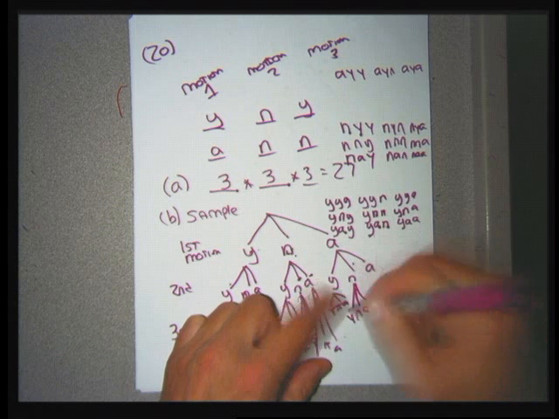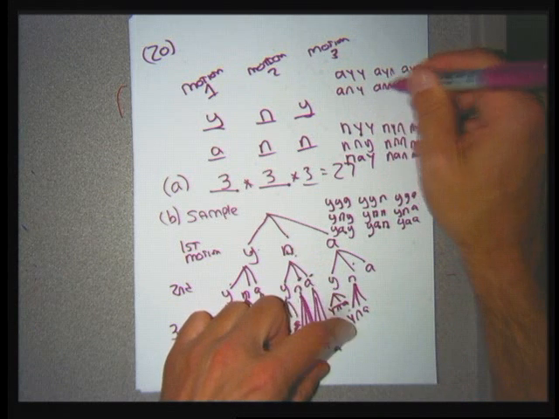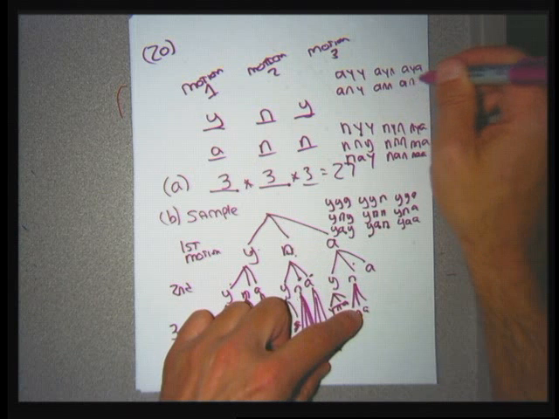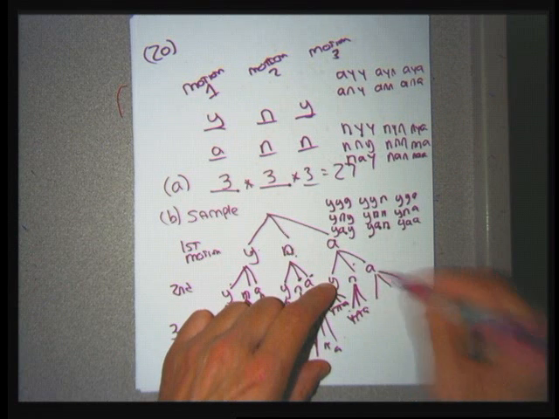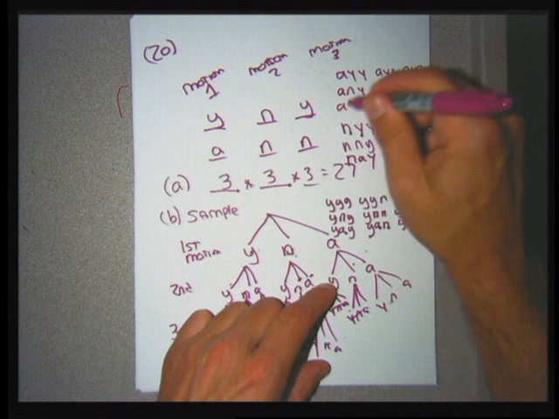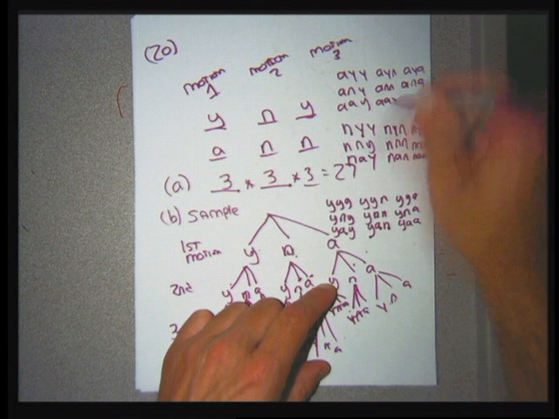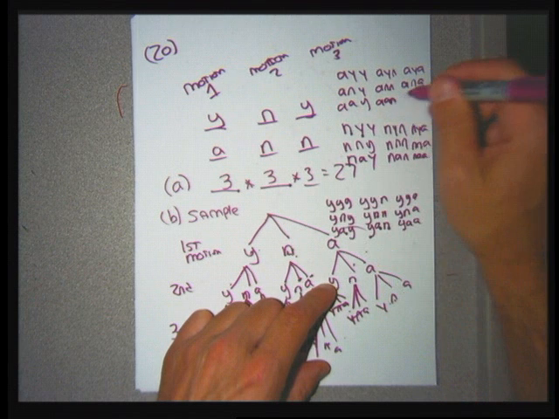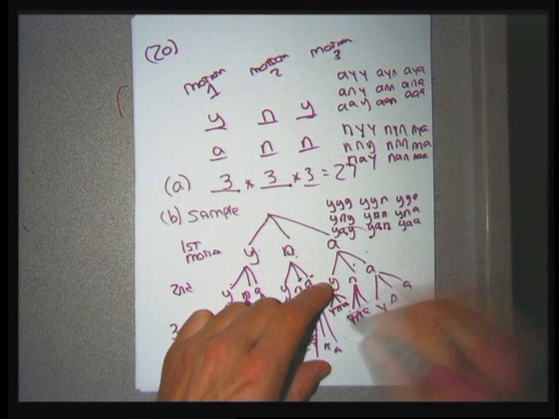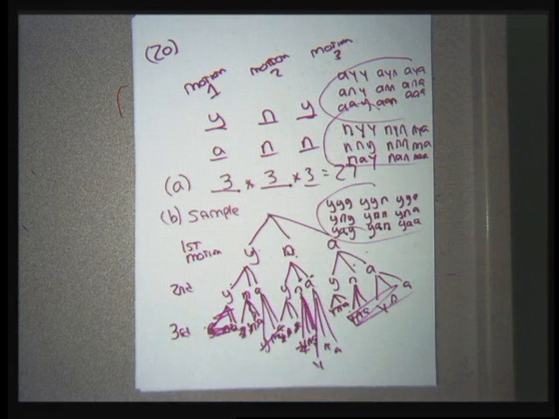It's going to be A, N, Y, A, N, N, A, N, A. And then lastly, yes, no, abstain. A, A, Y, A, A, N, and A, A, A. And I have 9, 18, 27 elements in my sample space.